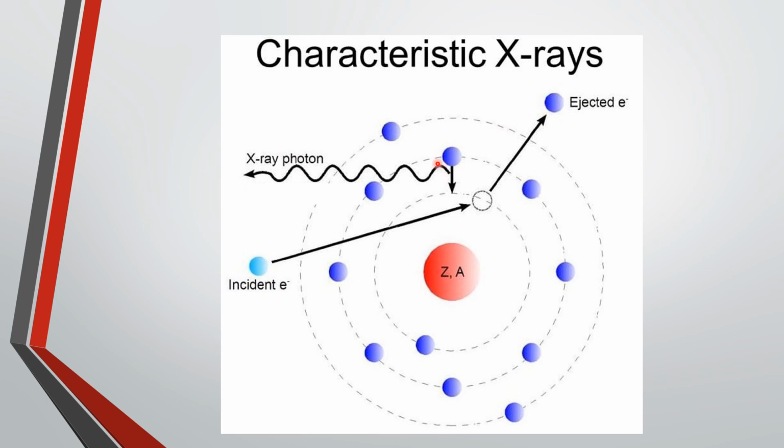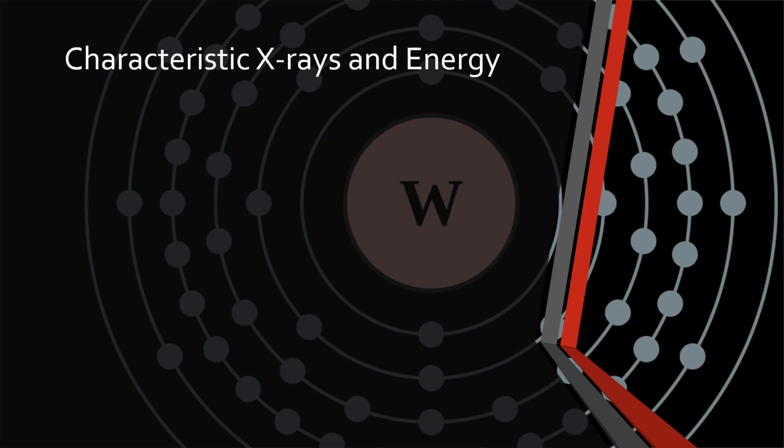An outer shell electron will fill in this gap here, and when that happens, the X-ray photon is produced. So an X-ray is produced from this process here.